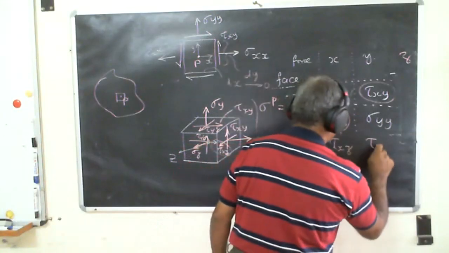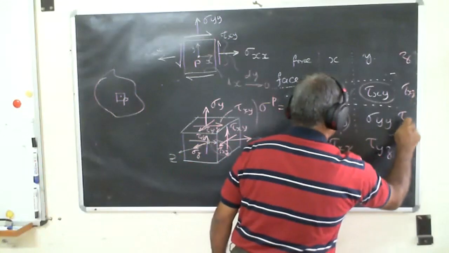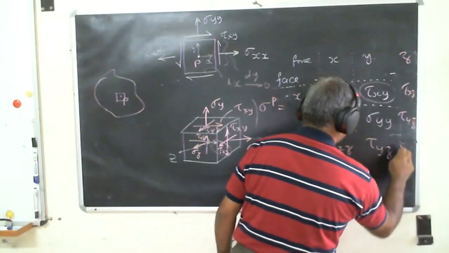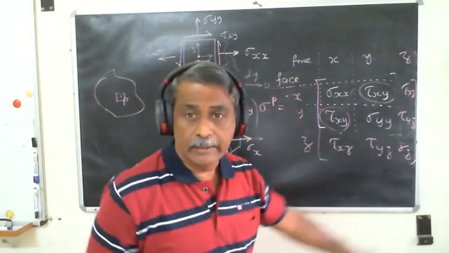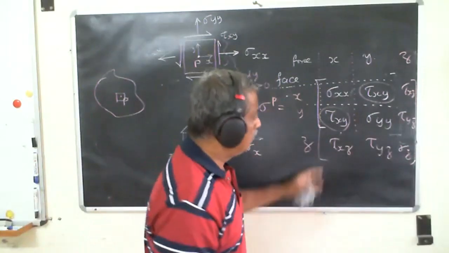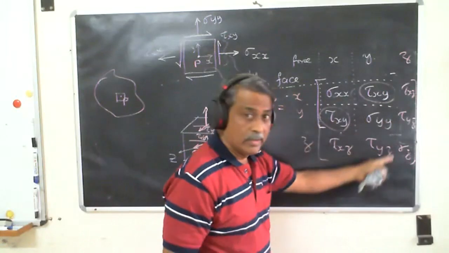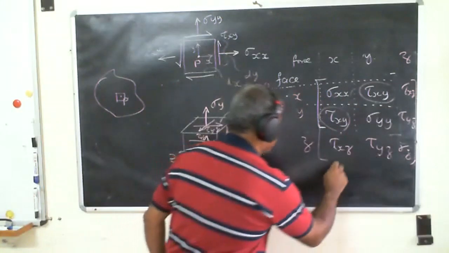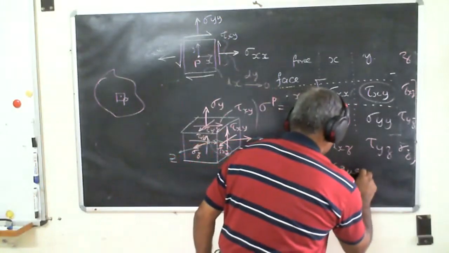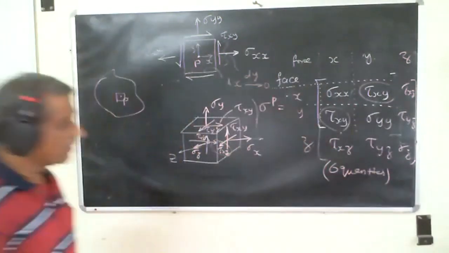Here it will be tau yz, tau xz, tau yz, and sigma z. Similar to the previous one, this is also symmetric, right? So since it is symmetric, we only have the lower or upper triangle that we have to bother about. There are 6 quantities. Okay. I'm just doing all this for completeness.